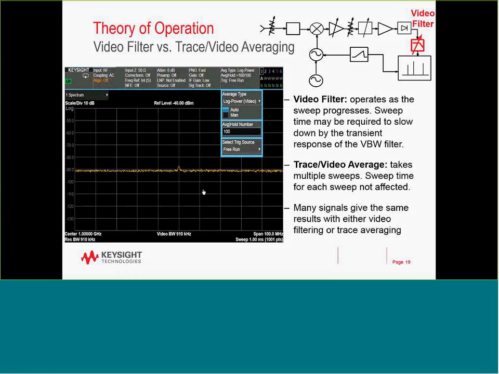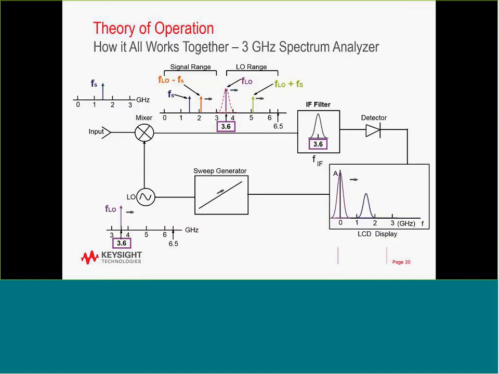I can use the video bandwidth or use the trace average. What you have to be careful about when using trace average is that if your signal goes away, it will fade out slowly. So the impression is that your update is quick, but the signal will really show slowly. And if you're trying to do any kind of adjustment, that can be misleading.